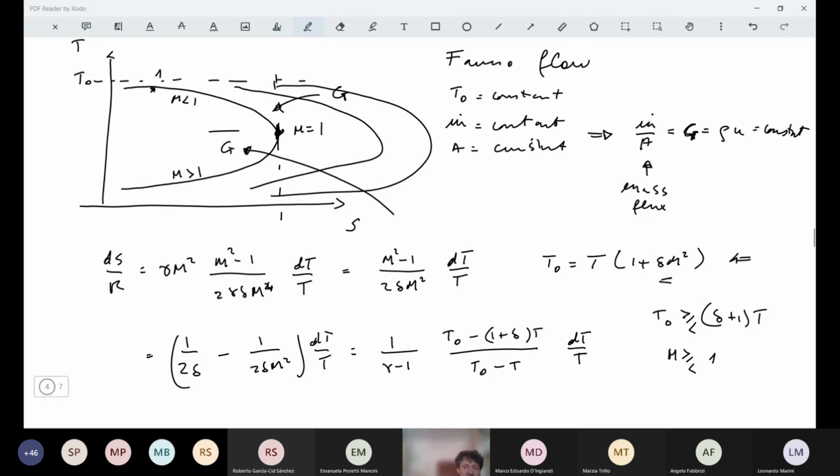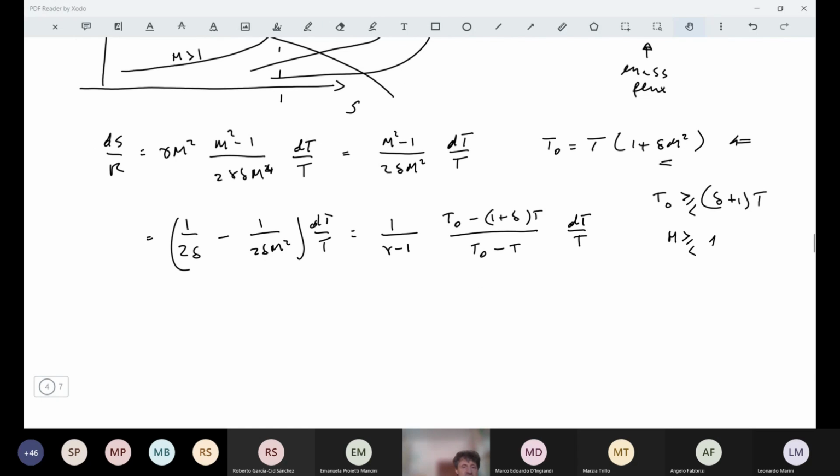Because if you consider that G is also given by its critical value, this is rho, and this is the velocity, you can rearrange this and see that for a given T0, G is proportional to P0 critical. And so you see that here G is increased if P0 increases. That is the same as saying that G increases as entropy decreases.